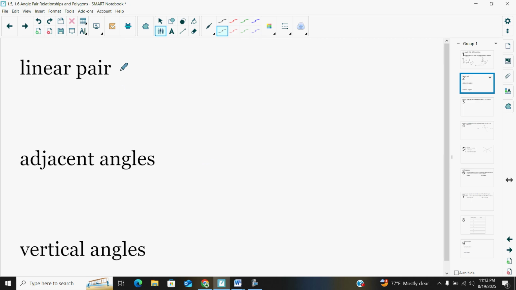A linear pair, adjacent angles and vertical angles. Let's start with adjacent angles. Adjacent angles are two angles that share a side.